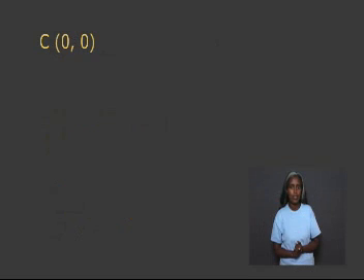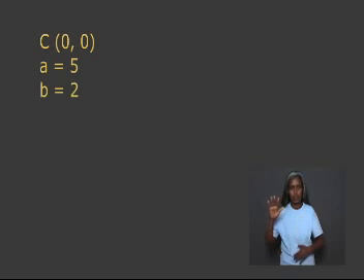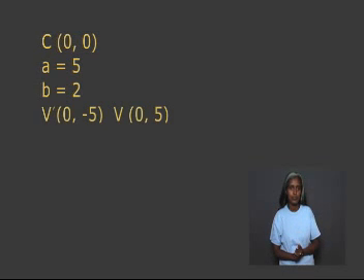This tells us that the center is at 0, 0. a equals 5 and b equals 2. The vertices of the hyperbola are V prime 0, negative 5 and V 0, 5.